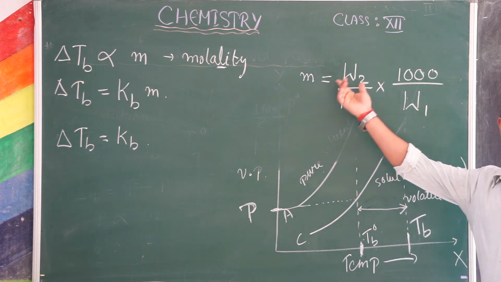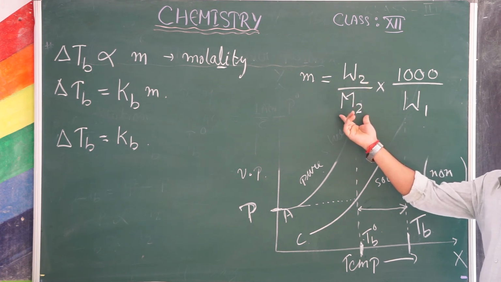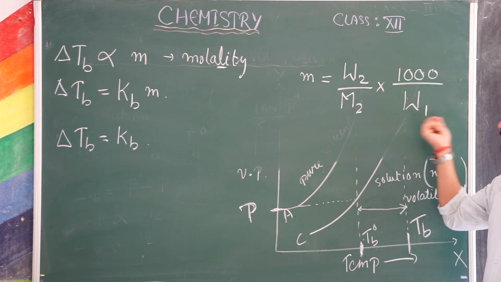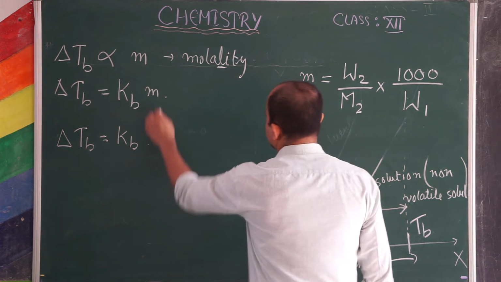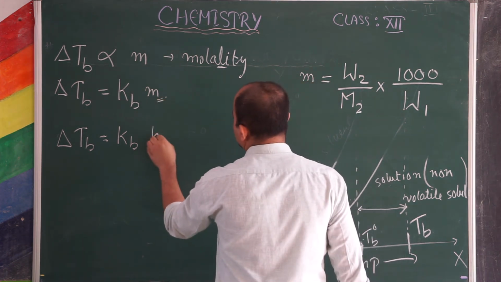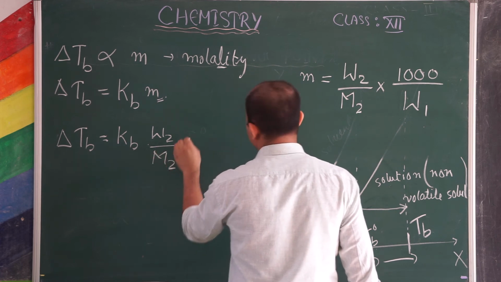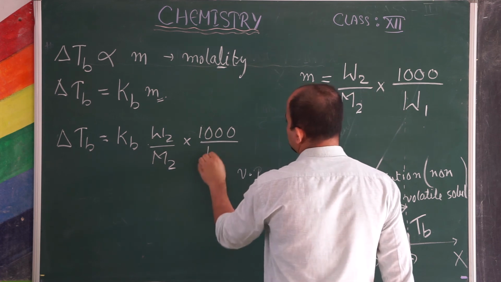So molality is equal to weight of the solute divided by the molecular mass of the solute into 1000 divided by the weight of the solvent. So this can be written in place of this m: W2 by M2 into 1000 by W1.